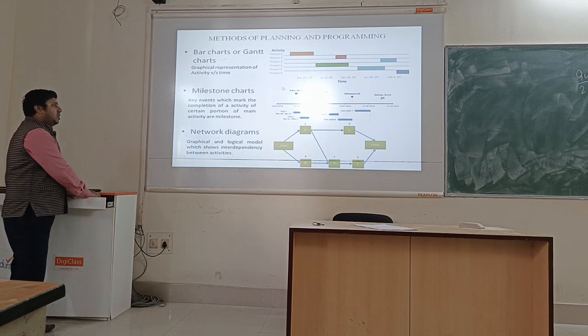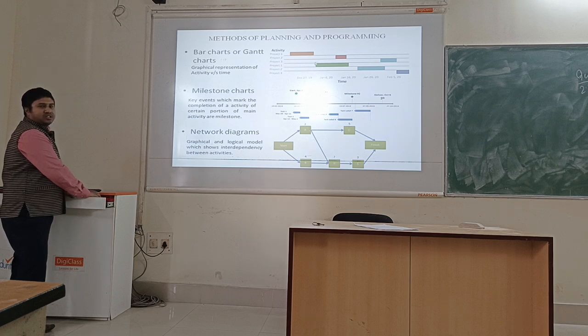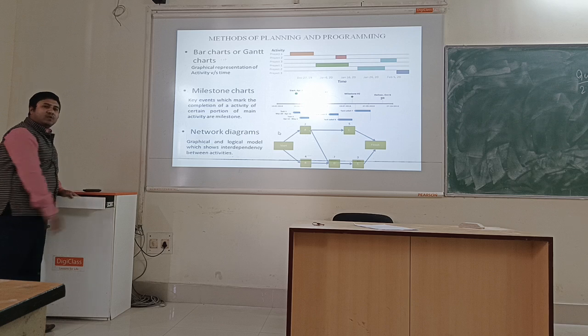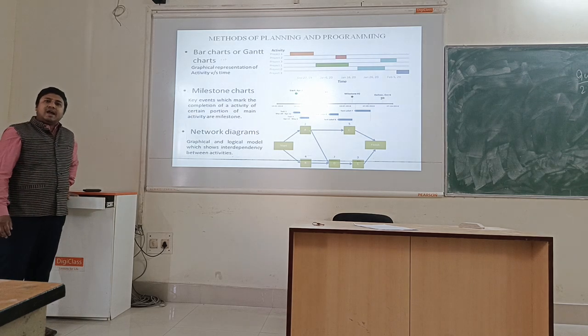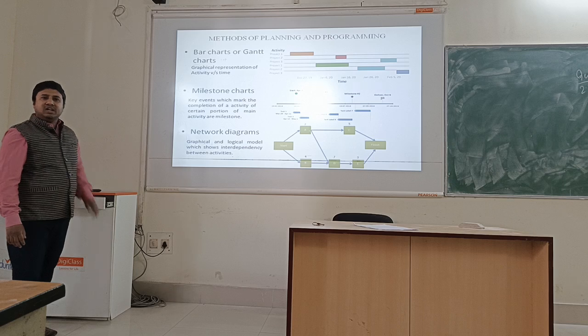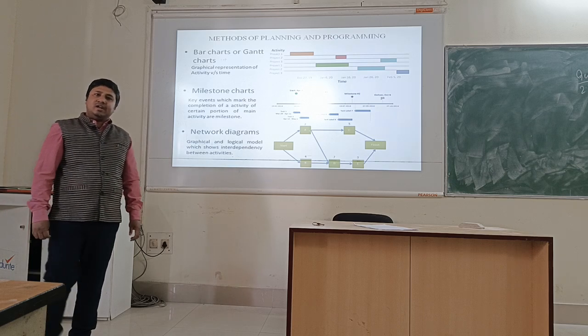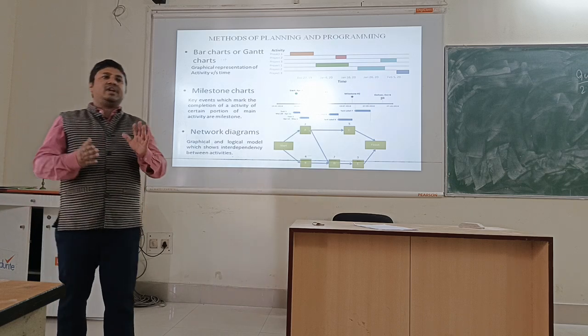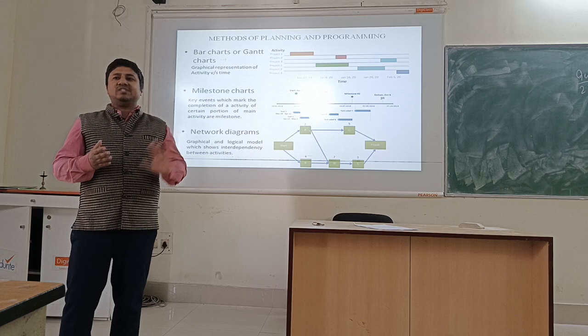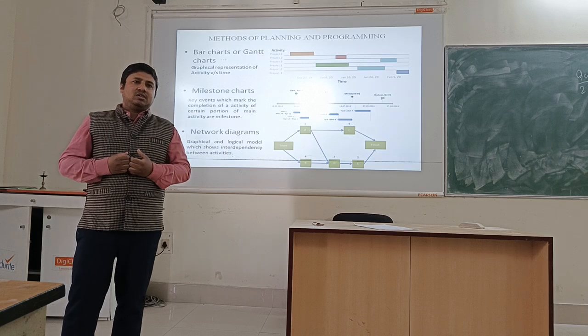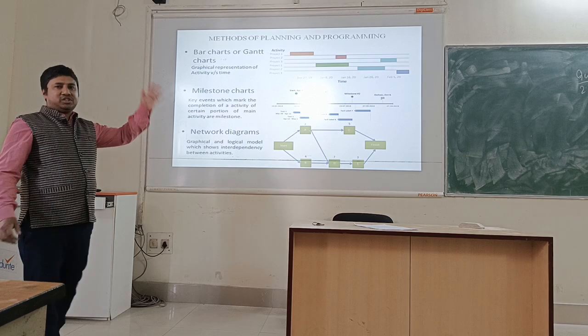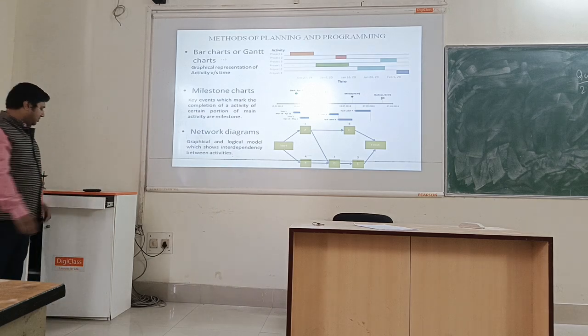Milestone charts are a better version of Gantt charts because Gantt charts have some limitations. And next is your network diagrams. Network diagrams are graphical and logical diagrams which show the activities and events that are occurring and their interdependencies between two or three activities, which are the limitations of the previous two methods.